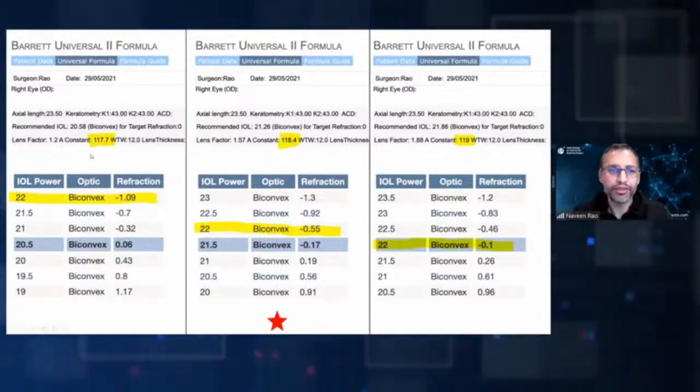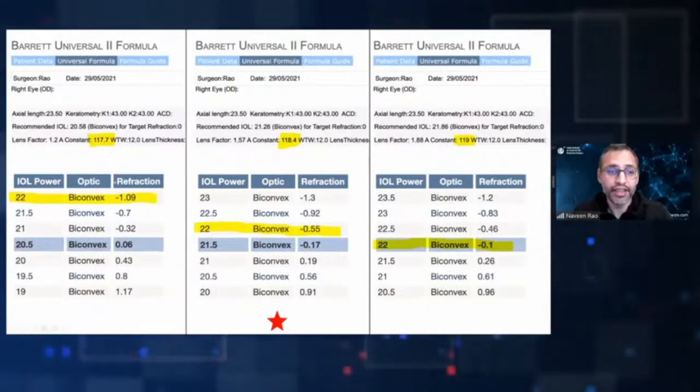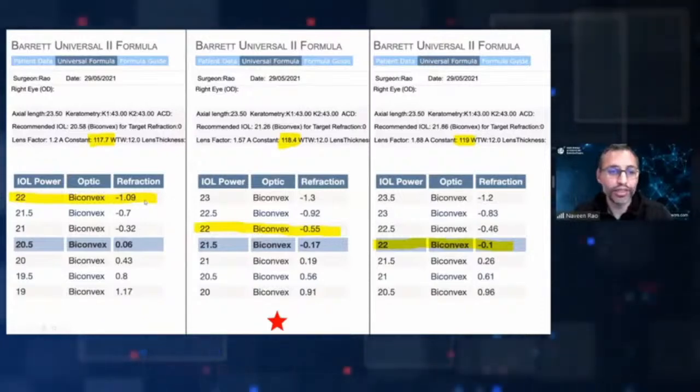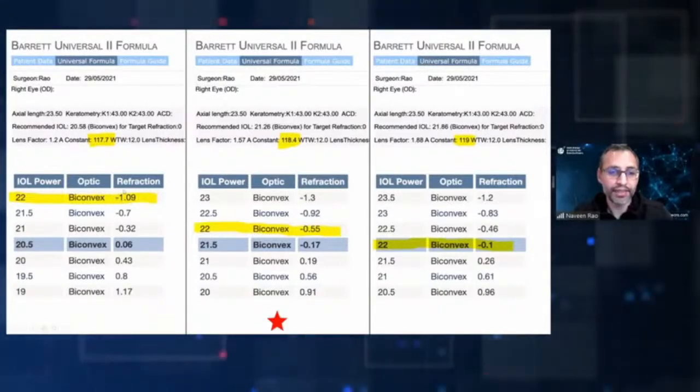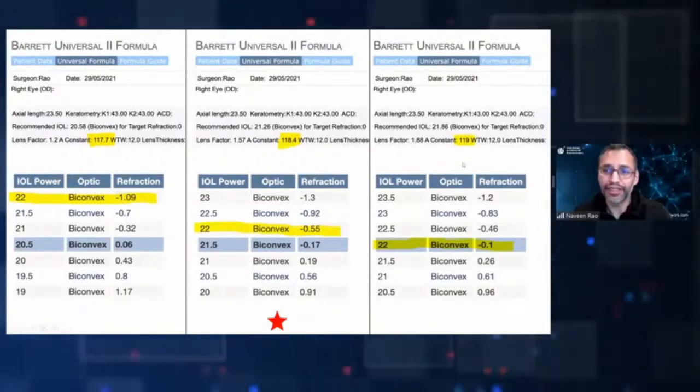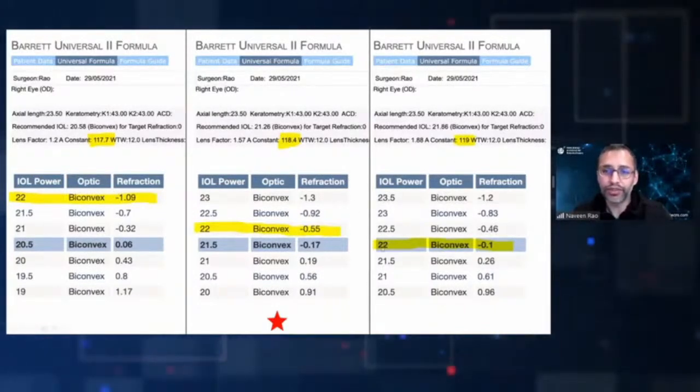But if I was to use a 117.7, which is the manufacturer's labeled A constant, then that same 22.0 lens would be expected to give me a minus 1.09 diopter refractive result. And similarly, if I was to use a 119, then that 22 diopter lens, I would aim for minus 0.1, or basically plano.